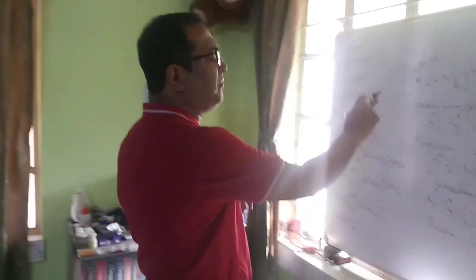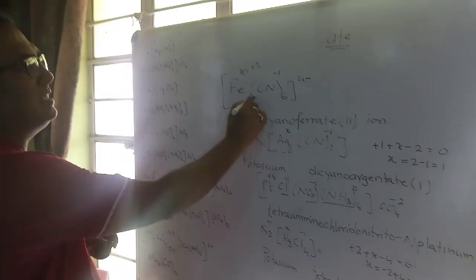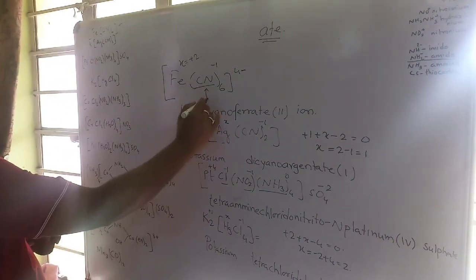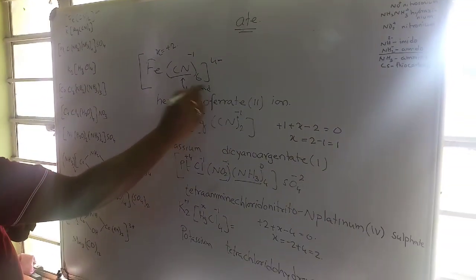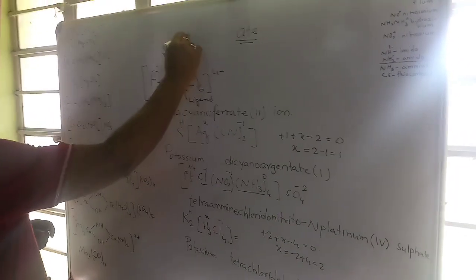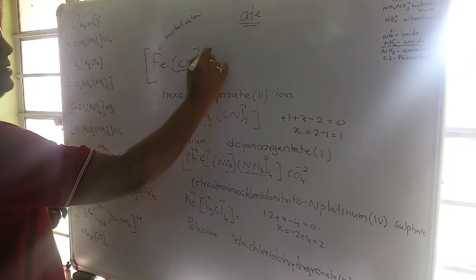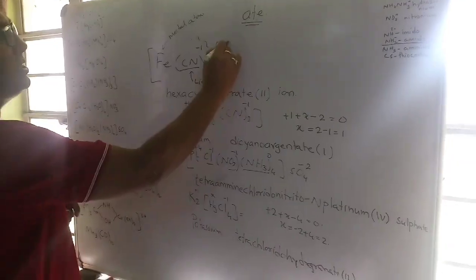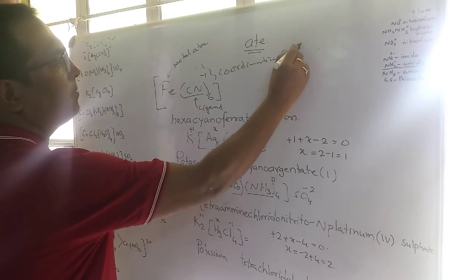I would rather say in 2004 at Geneva, IUPAC made the nomenclature, the way one should write the compound. I have the compound, say Fe(CN)6. The CN6 is the ligand, this is the metal atom, and the total is the coordination entity.